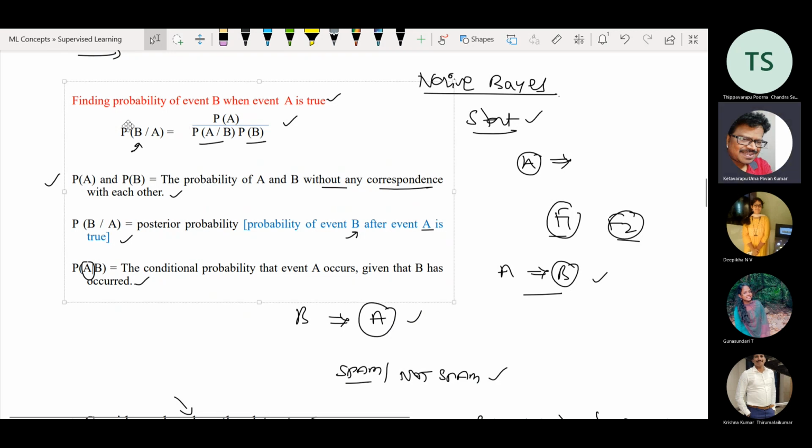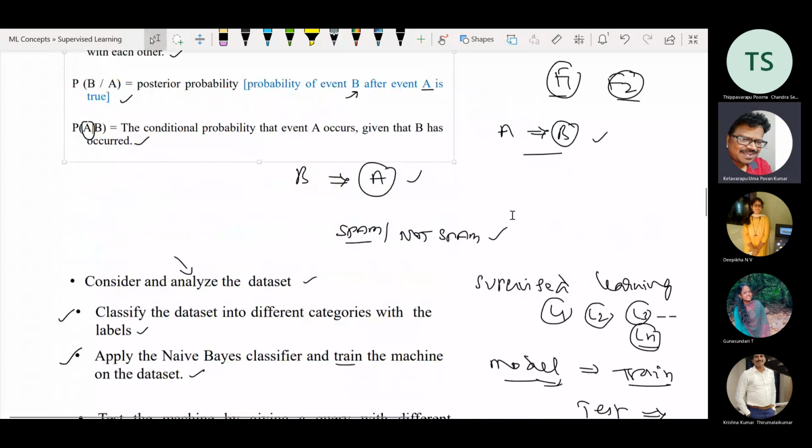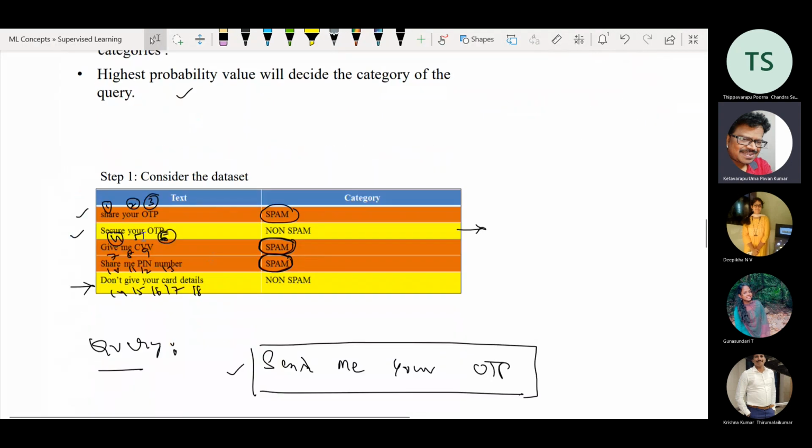So probability of B by A equals probability of A given B into probability of B, divided by probability of A. Now what we are calculating, guys, is that some spam word appears in that particular statement. Total spams, if I am talking, we have made some kind of equation here.